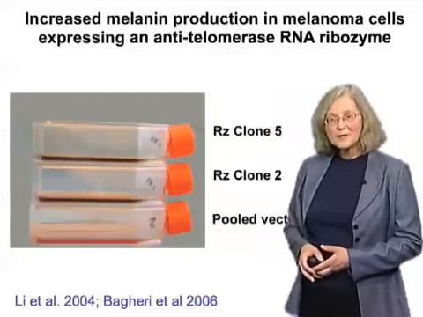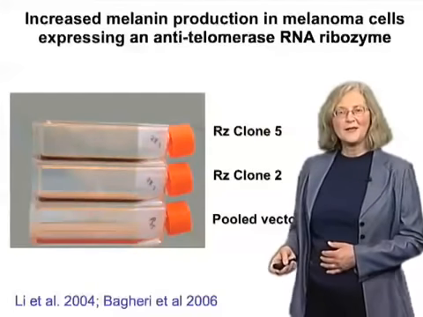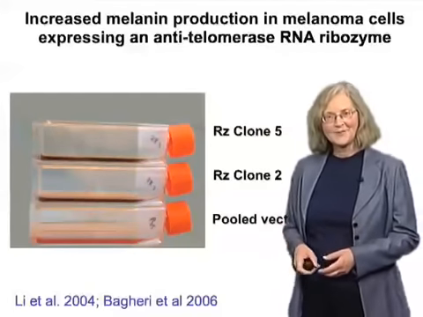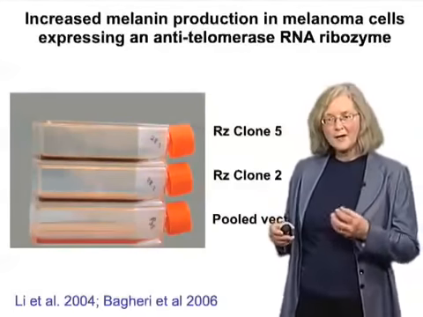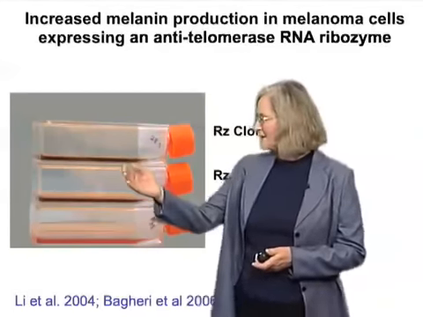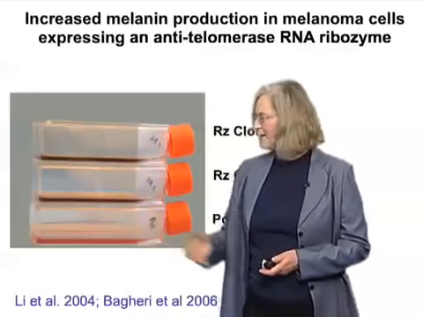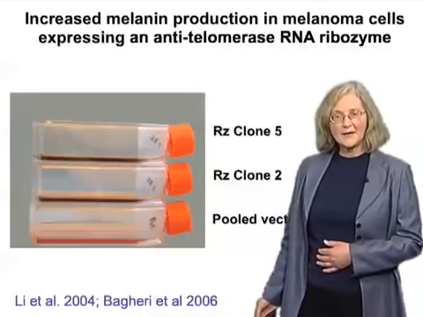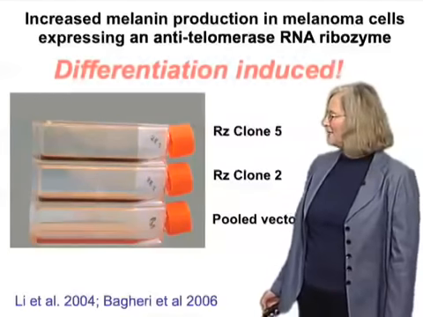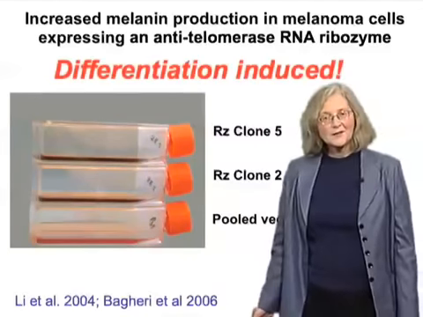These were melanoma cells, so it was of course very easy to wonder if indeed these cells were now producing the pigment melanin in high amounts in this and this, but not in the control cells. And indeed analyses showed that that was exactly what was happening. And in fact, a lot of interesting things happened.